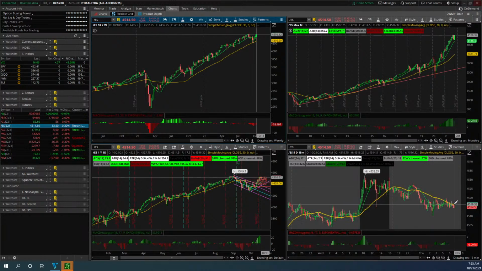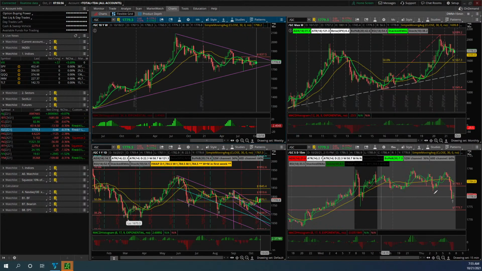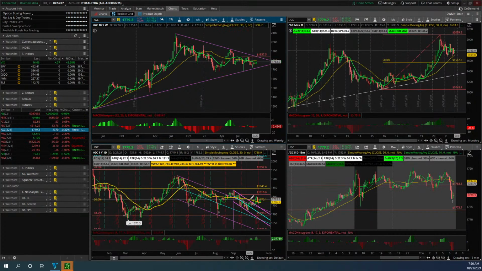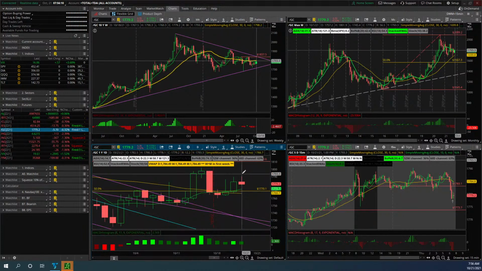The 15 minutes is moving down. Gold, that is the move that we missed. And in the daily, it's looking a little bit toppy here.